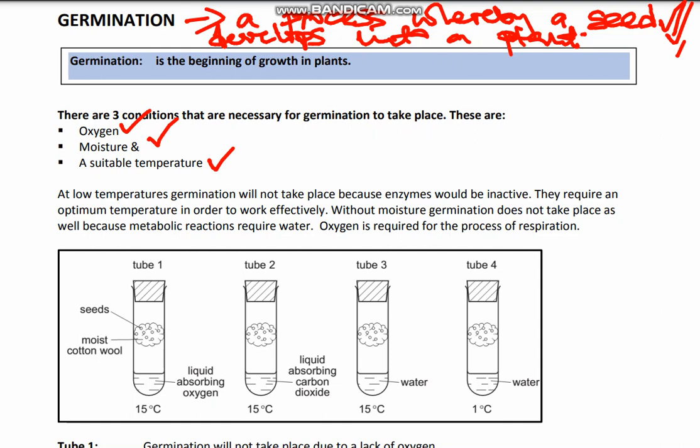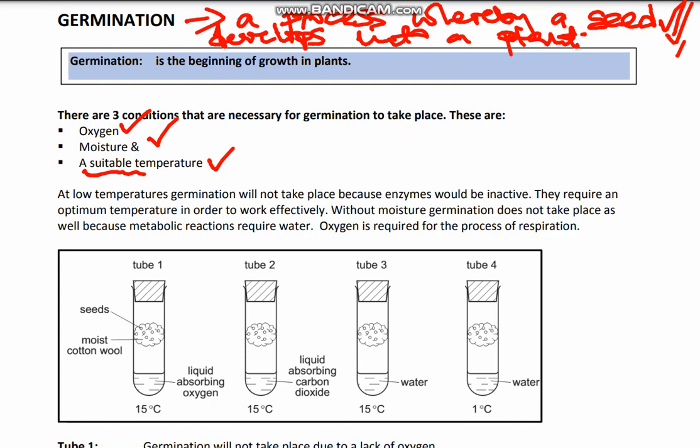It's not just a temperature. If you write just temperature, it will be marked as a wrong answer, guys. So the condition needed for germination is a suitable temperature, because seeds differ. Each seed requires its own temperature, so it must be a temperature which is suitable for that type of seed. And also we must have moisture, we must also have oxygen.